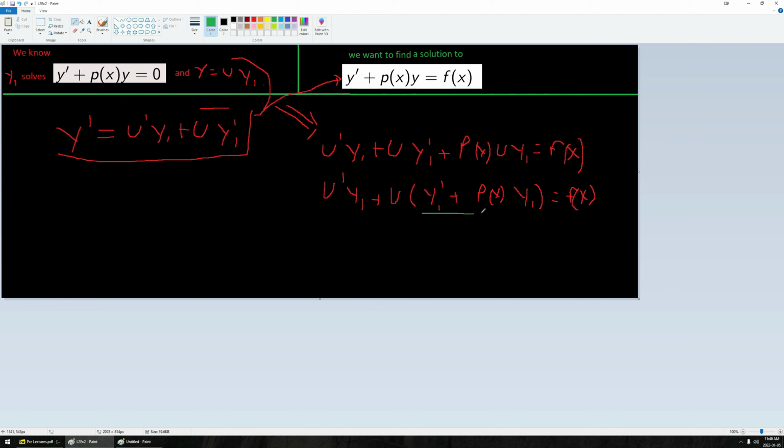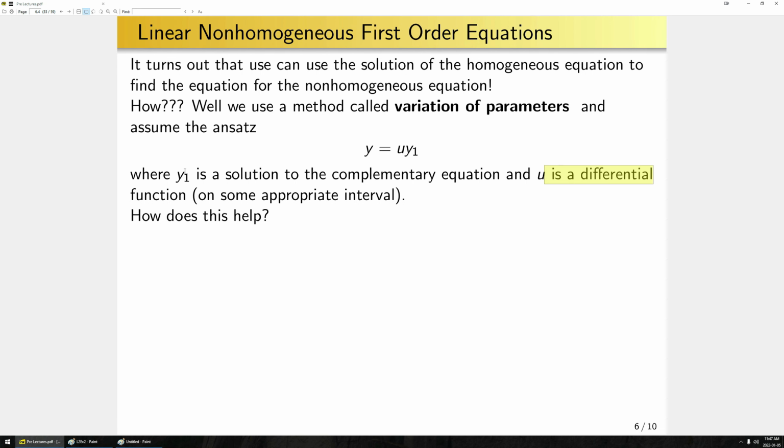Well, if I look at this term here, that's just the thing that I had over here on the left-hand side, right? And I know y1 solves this equation, so I know all of this is going to be equal to 0. This whole term goes away. That's nice. What that ultimately gives me is that u prime times y1 is simply going to be equal to f of x. Okay, and further, I know y1 is going to be the non-trivial solution because, again, I'm assuming that in my ansatz, right?